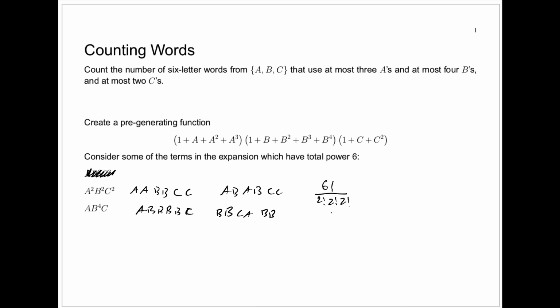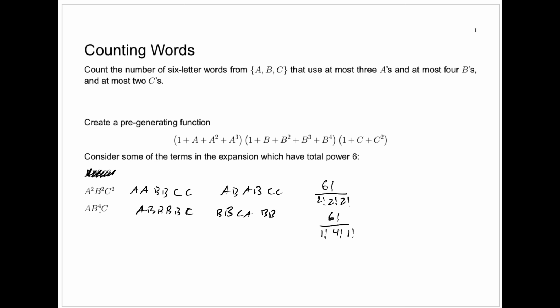How many total? There would be 6 factorial over 1 factorial, 4 factorial, 1 factorial, which is just 6 factorial over 4 factorial, or 6 times 5, which is 30. So there are 30 words of this form. Here we'd have 6 factorial, which is 720, divided by 8. That's just 90 words of this form.